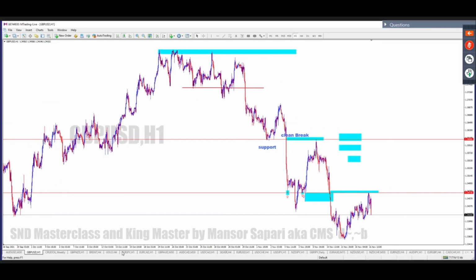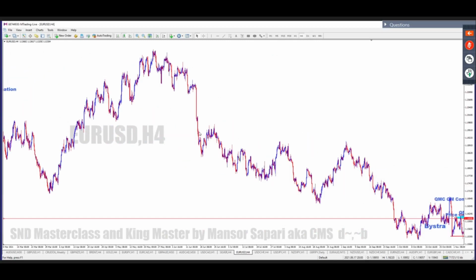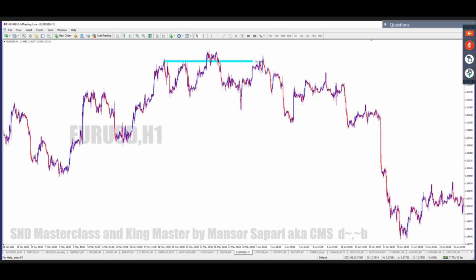Let me check on EUR USD, for a Wyckoff pattern over here. Yes, over here we have one. On top, the price is going up and up, and then you have a buying climax over here. And then you have a supply test.